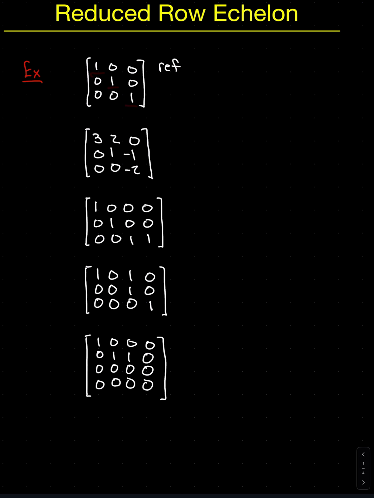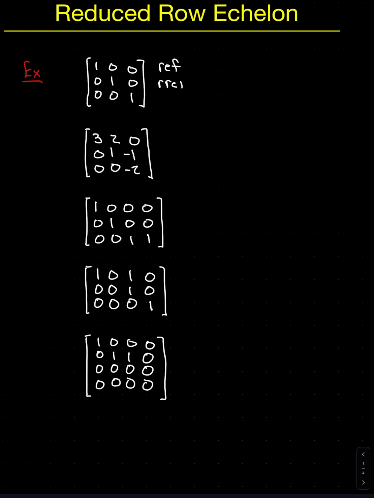And so each leading entry, these pivot points right here, they're in a column to the right of the leading entry of the row above it. It's a little bit wordy. A better way to describe that, it's in that diagonal-like pattern. So it's clearly in such a pattern, and all the entries below these leading entries are zeros. So this is clearly row echelon form.